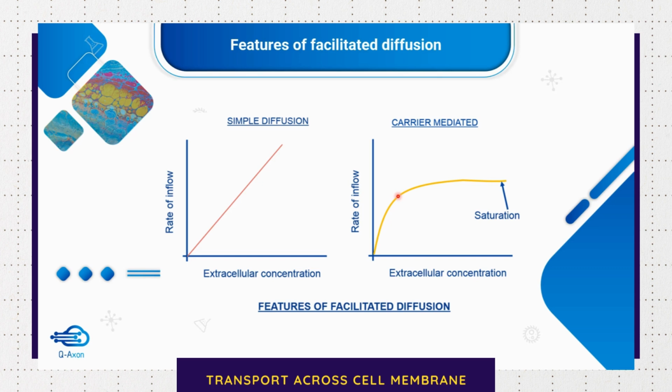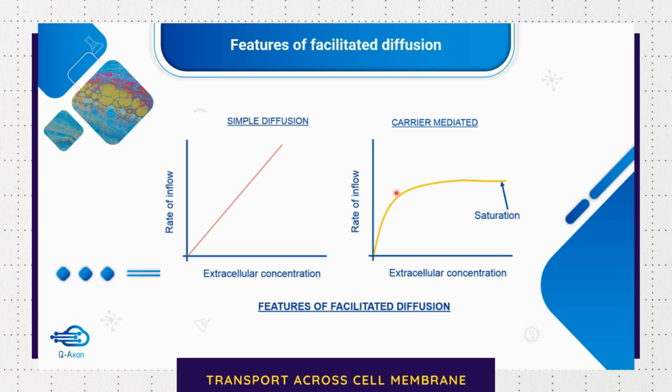By the way, why is this occurring? Simple. In simple diffusion, we said that the substances which cross the membrane will be following simple diffusion, that means lipid soluble substances. But for facilitated diffusion, we said that there are either channels or carriers.